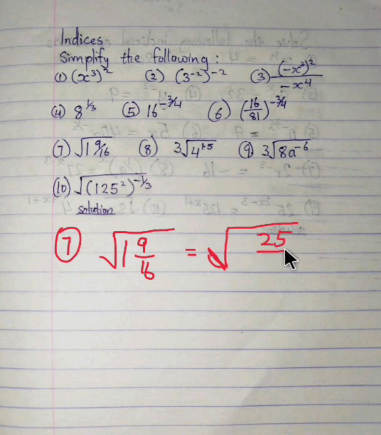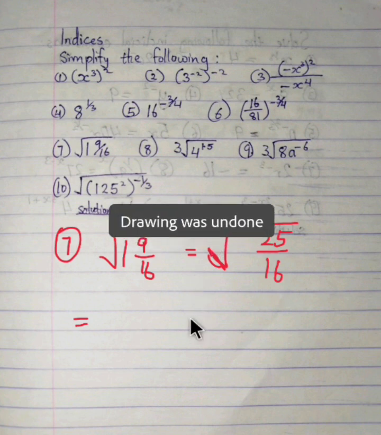So 25 over 16. As you can see, nothing is written here, so we call this square root. If the number is not written, there is a hidden 2, so we don't need to write 2 root 25 over 16. If you don't write anything there, you can simply call it square root.